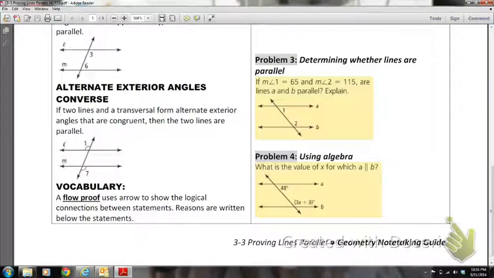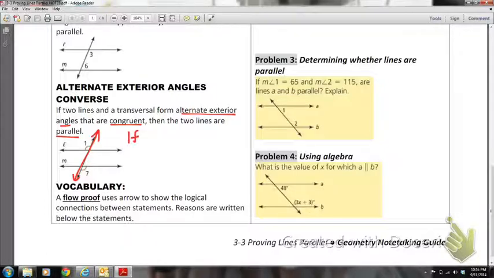The last converse we have is the alternate exterior angles converse, which states that if two lines and a transversal form alternate exterior angles that are congruent, then we can make the conclusion that the two lines are parallel. So once again, look at your transversal, and we have two angles.